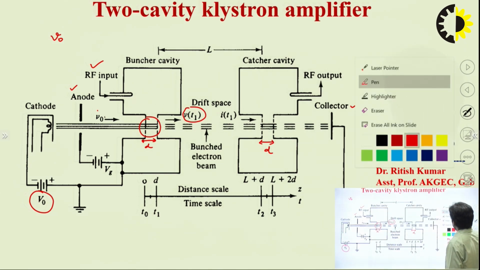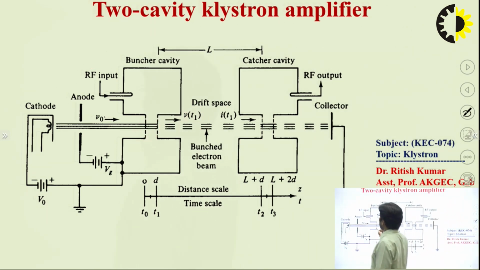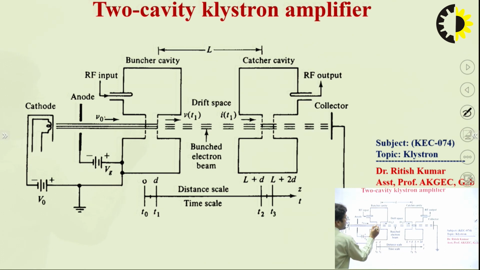So superficially, if you apply the RF input signal at the input cavity or buncher cavity, then when the electron enters at this point at the input cavity, the velocity of the electron would change due to the presence of this RF input signal, and we can see this effect at the output after leaving the cavity.